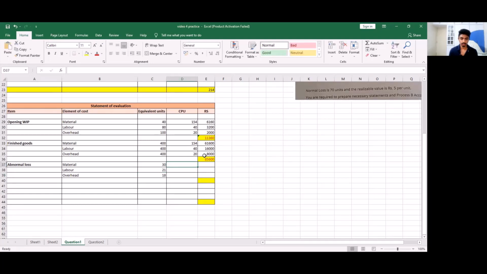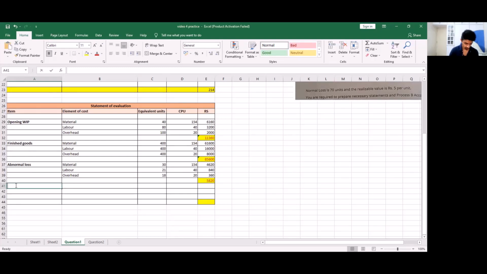Our cost per unit will be the same. So I'm going to write 54 for materials, 40 for labor, and 20 for overheads. We again multiply to get the total. Do the same for labor and overheads. And finally, sum the three values to get the total for our abnormal loss.